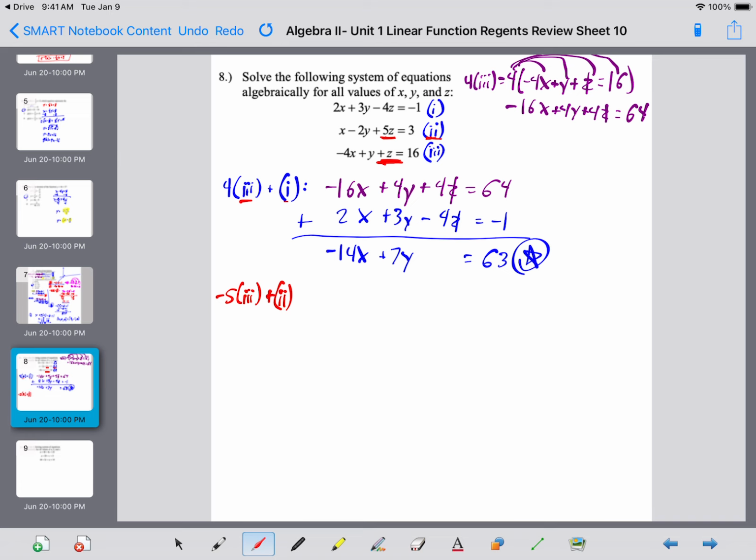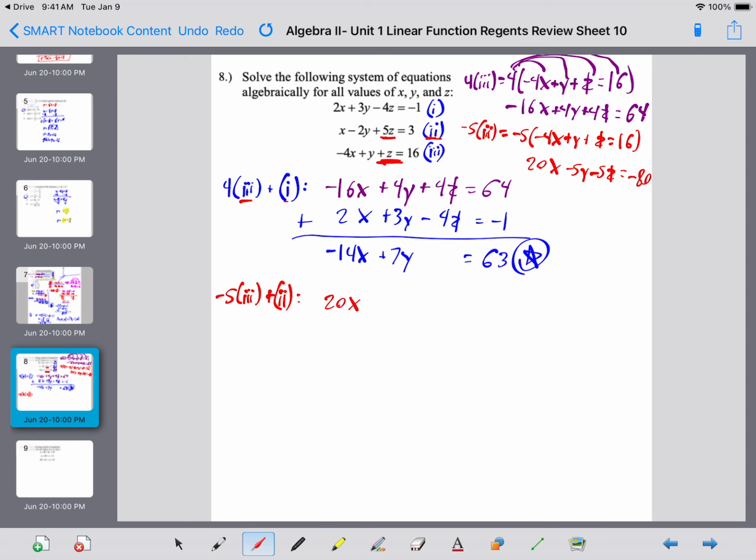If you want to do that math somewhere, let's say negative 5 times equation 3: negative 5 times negative 4x, positive 20x, negative 5 times y, negative 5y, negative 5 times z, negative 5z, negative 5 times 16, negative 80. Let's rewrite that down here.